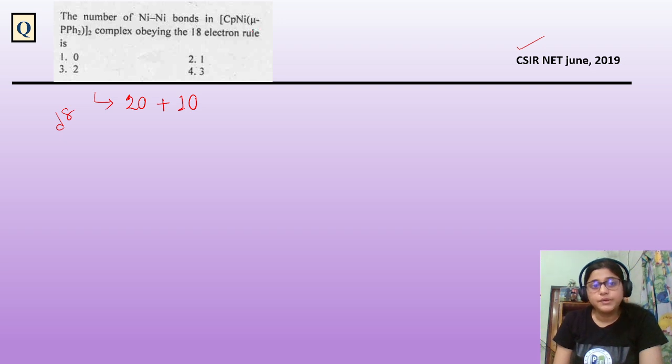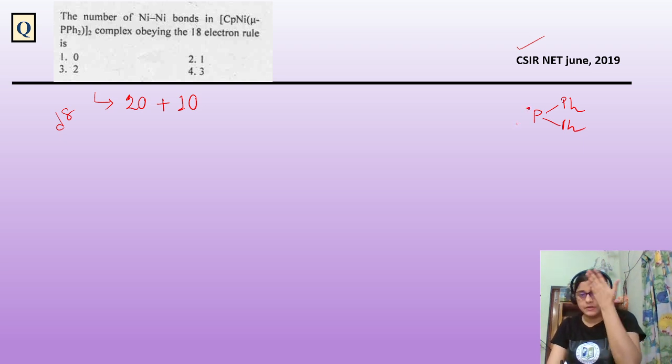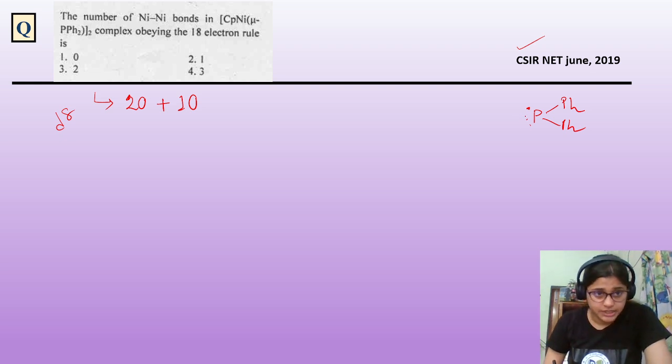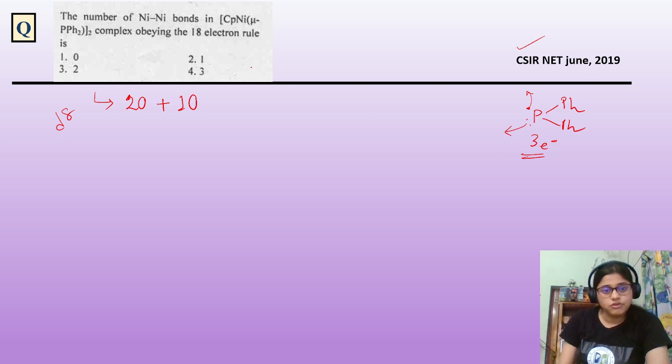Another ligand is μ-PPh2. Previously I told you that in PPh2, one electron is bonding and another lone pair is present. There are 2 μ-PPh2, and the contribution will be 3 electrons for each, because one non-bonded electron is there and another lone pair is there. So 3 doubled, 6 electrons.